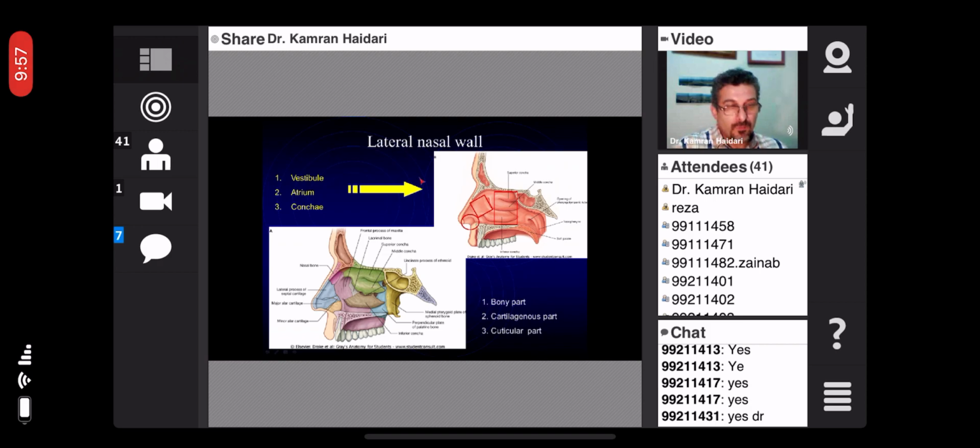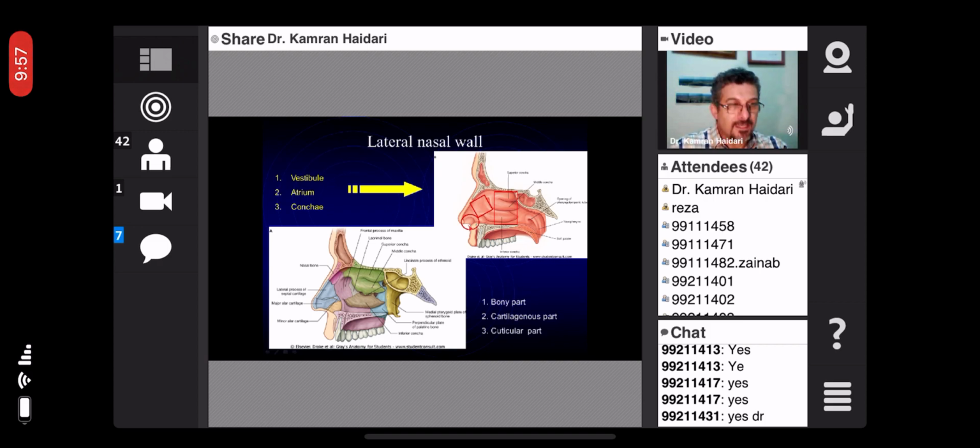The lateral nasal wall, we can divide into parts. The vestibule is the first part of the nasal cavity, and the vestibule is limited by the nares. This is the nares or anterior nares or nostril or anterior nasal aperture.